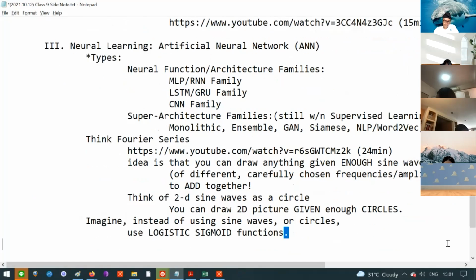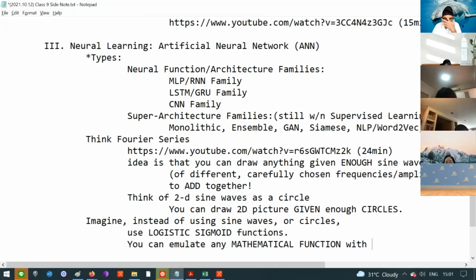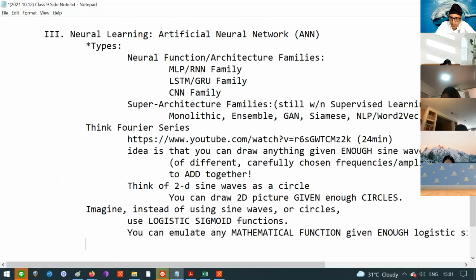Now the key word is you have to have enough of them, right? So the idea here is you can draw any function, you can emulate any mathematical function with given enough logistic sigmoids to add together. That's it.